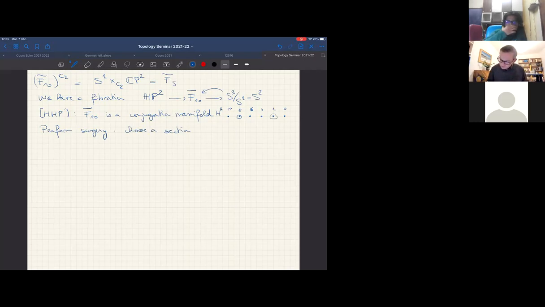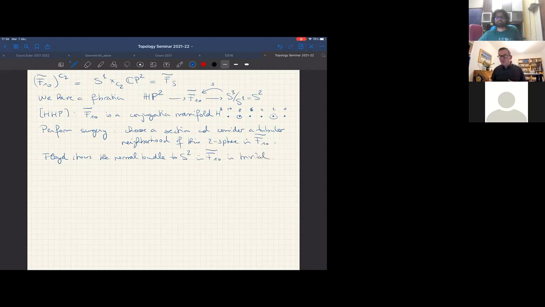So we choose a section S of this fibration and consider a tubular neighborhood of this two-sphere in F10. And what Floyd shows is that the normal bundle to S2 in F10 tilde is trivial.